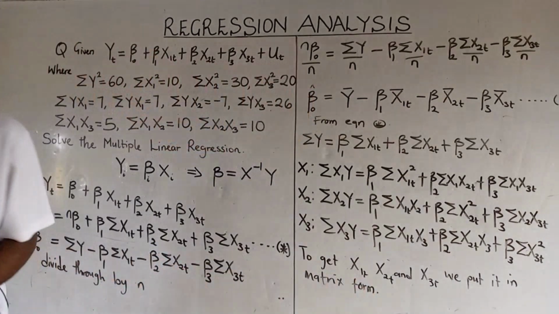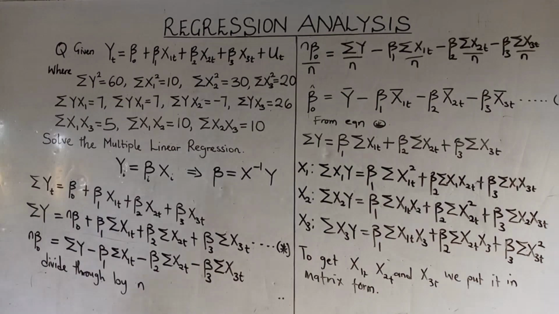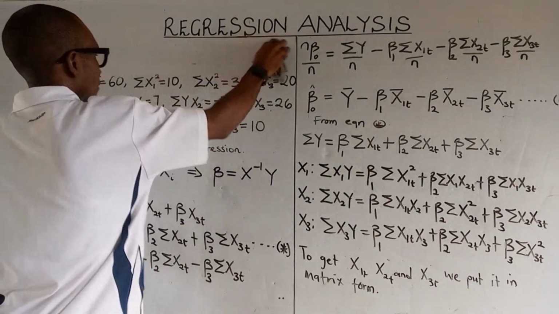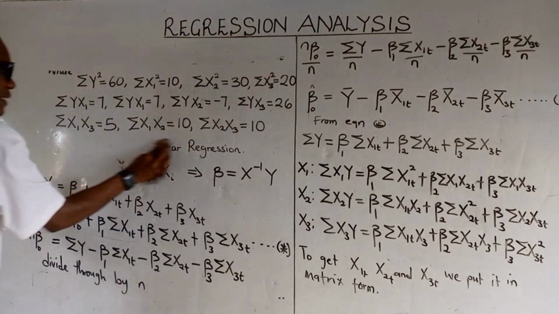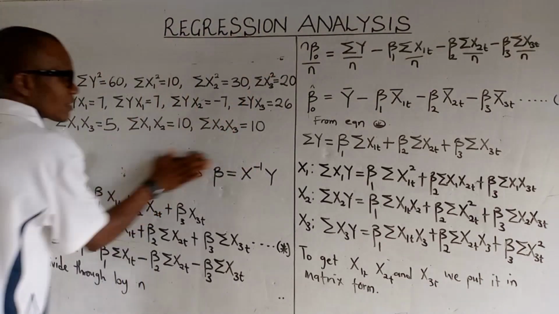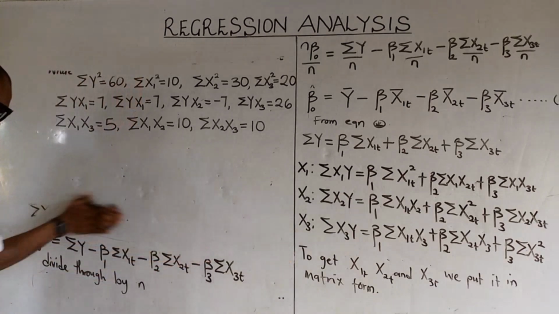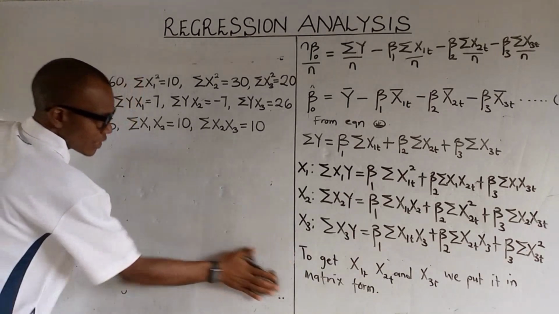How do we put it in matrix form? We go over to this place. We won't clean this because these values will aid us. It will really aid us.